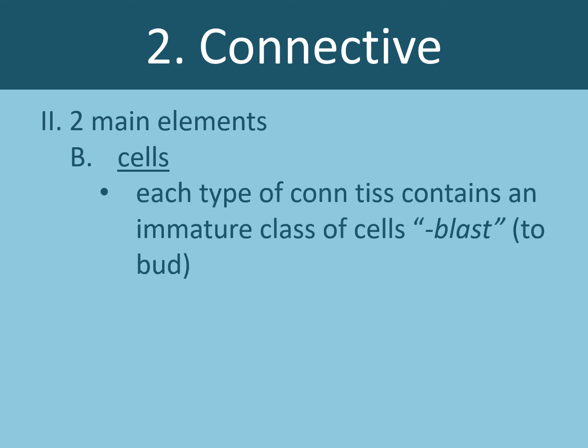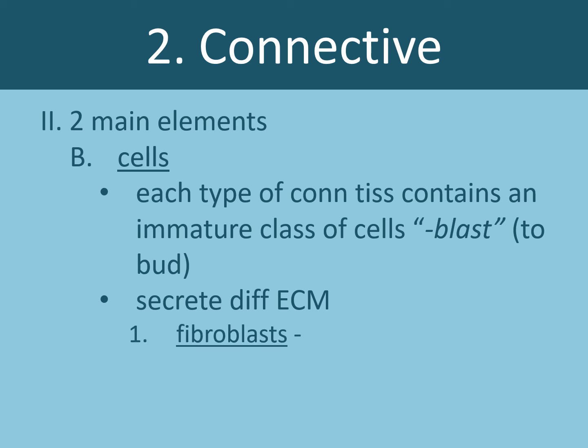Each type of connective tissue contains its own unique immature class of cells that end in the suffix blast, which means to bud. The blasts of the connective tissue secrete different types of extracellular matrix.